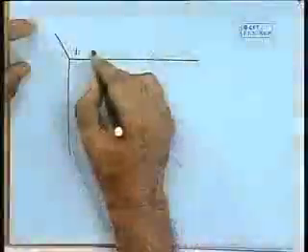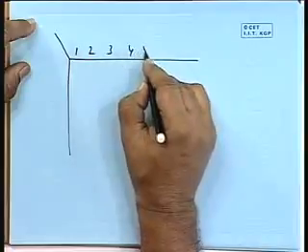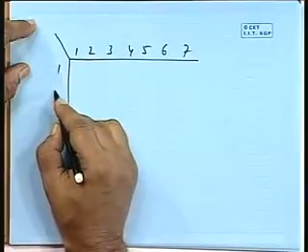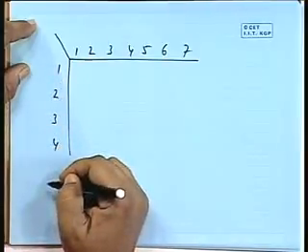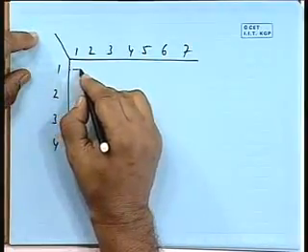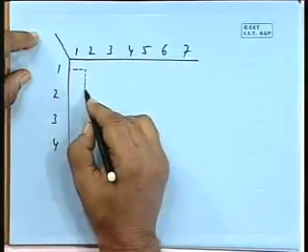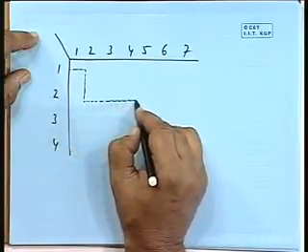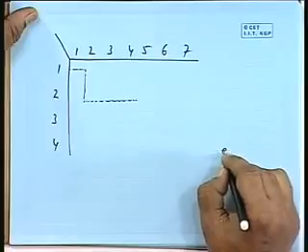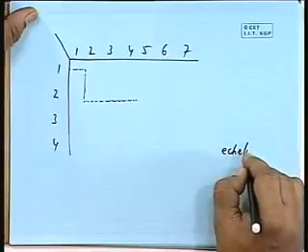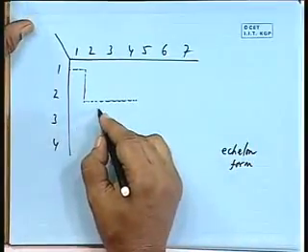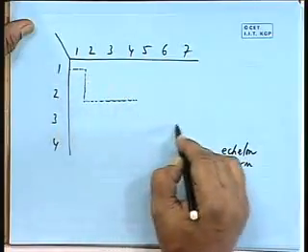Suppose these are the rows 1, 2, 3, 4, 5, 6, 7, and these are the nodes 1, 2, 3, 4. Okay. Now, we shall try to form a matrix form which is known as echelon form, which means there will be zeros, say it will be a step-like structure.